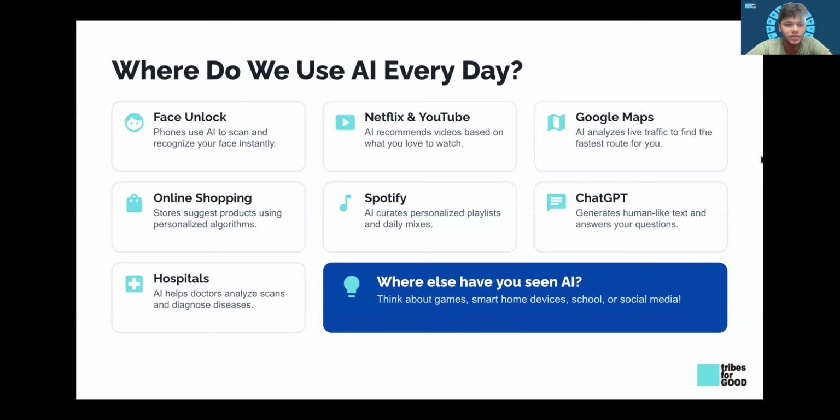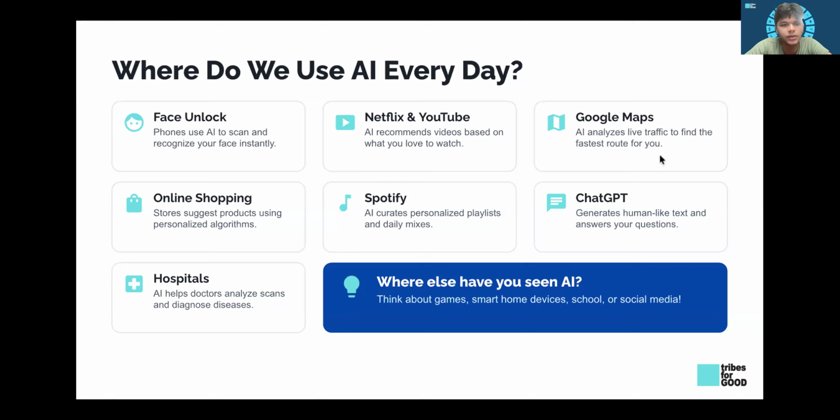That is something YouTube does, Spotify does for songs, Netflix does for films or documentaries. And Google Maps, both coding and AI, it analyzes live traffic to find the fastest route for you. So that is what AI does. That is Google Maps.